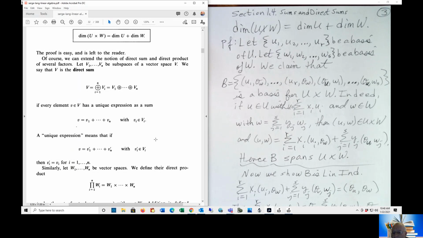All right, where we have, of course, that the ordered pair (u, w) is an ordered pair in the cross product.